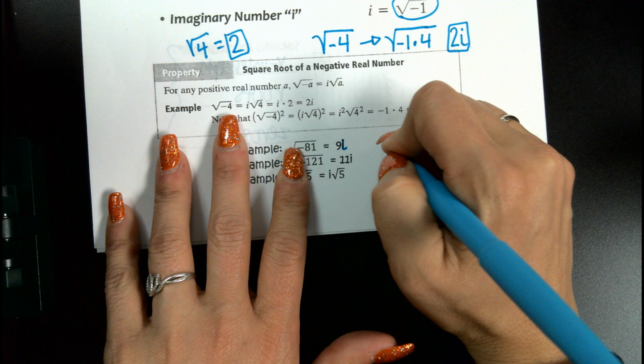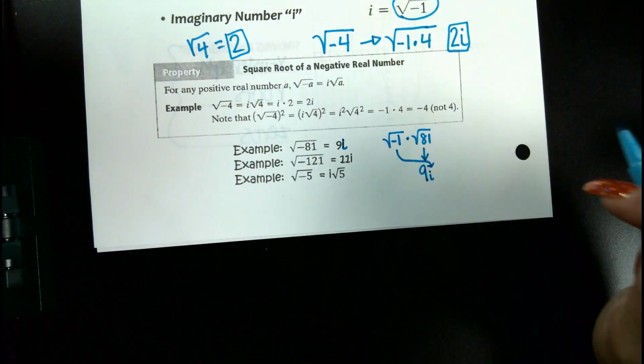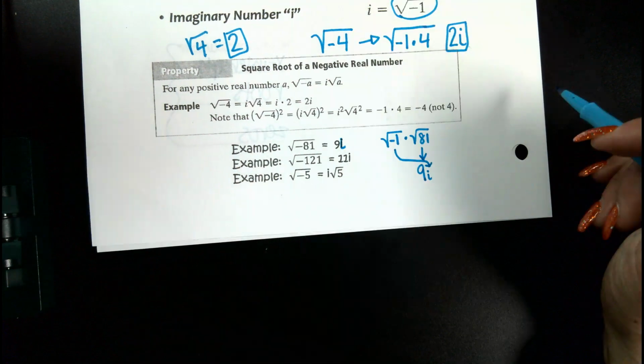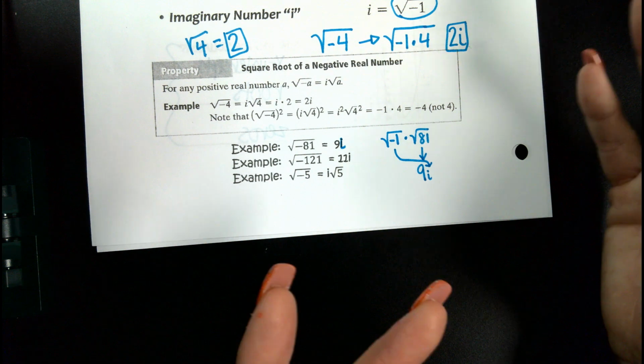So the square root of 81 is 9, and the square root of -1 just attaches the letter i to it. That's the only thing that changes. And the only time you'll see i is if there are negatives under the radical. In the first lesson there were no i's, because all of your numbers under the radical were positive. This second lesson, the only difference is we're going to have negatives under the radical, so you'll have an i in your answer.